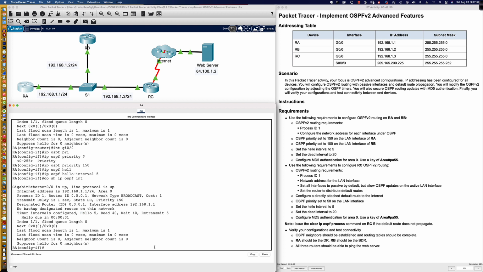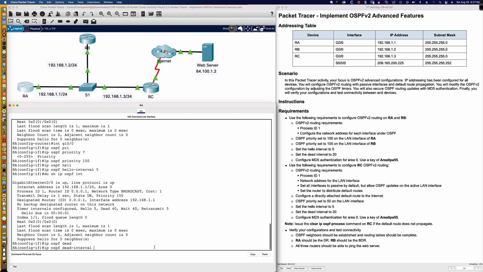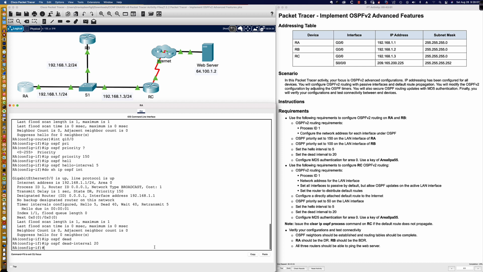So they're going to force us to say IP OSPF dead interval, and we're going to set that to 20. Again, this is something you would not have to do on a real Cisco router running real Cisco IOS. And we saw that on the real routers, which I'll be pulling up here in a second as we talk about some authentication and the different types.